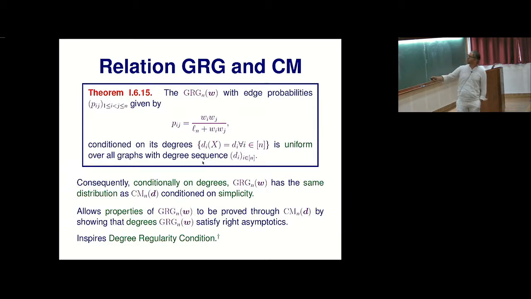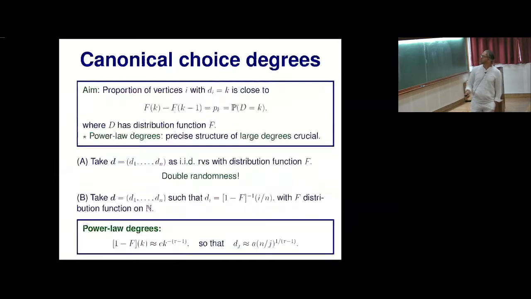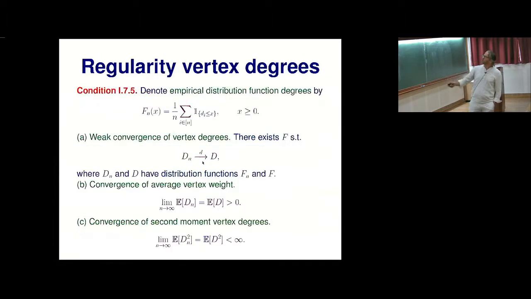Of course, the degrees here are random variables. Bear in mind that we were assuming things about the degrees in our configuration model. So if I can show that these assumptions would be true for the generalized random graph, then I can prove properties for the configuration model under such conditions, and also conditioning on simplicity, and then these results will follow immediately also for the generalized random graph.